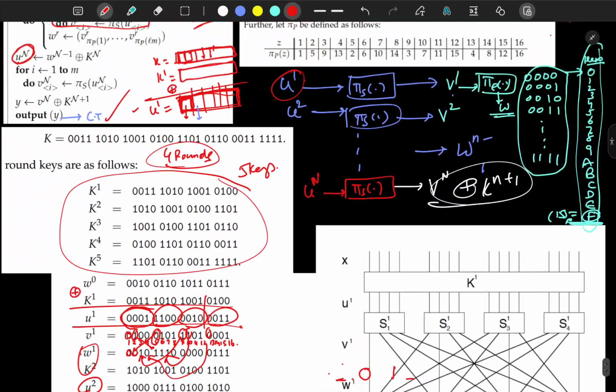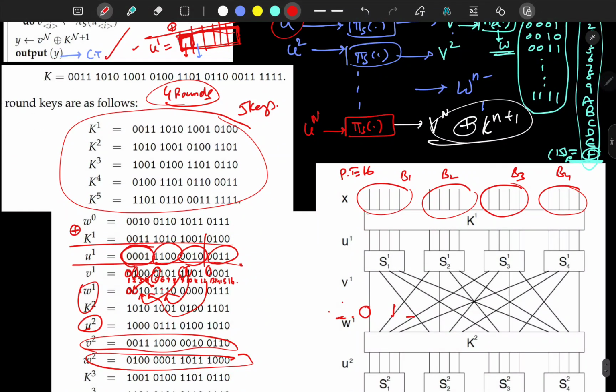The plain text is 16 bits, so we have divided it into 4 blocks: block 1, block 2, block 3, block 4. After that we pass XOR with the round key and produce U1, then pass through the S box and produce the results like this. Again we pass through the permutation box, which is what they are indicating.